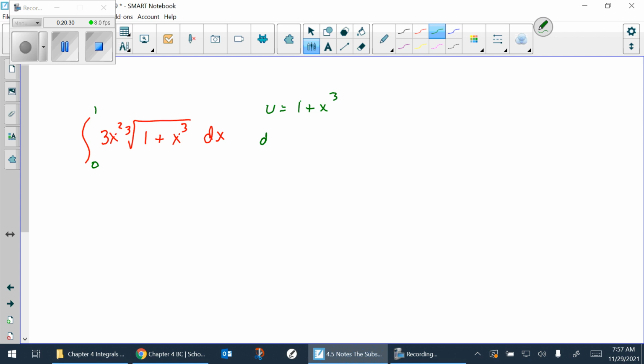We would say du equals 3x squared dx. And we would rewrite the integral. And the 3x squared dx would be replaced or substituted by du. The 1 plus x cubed would be replaced with a u.